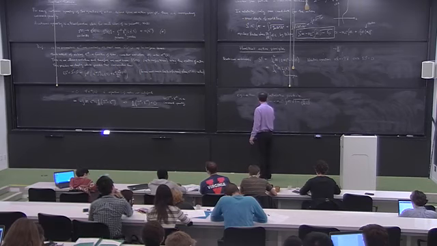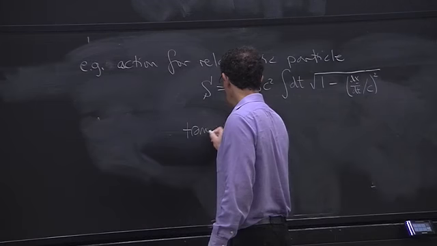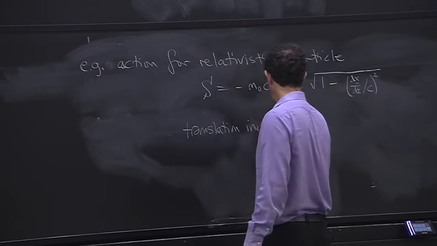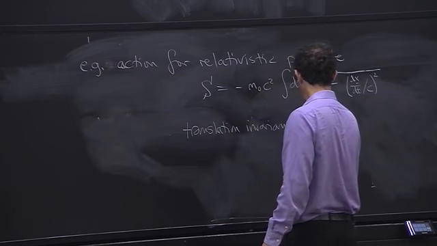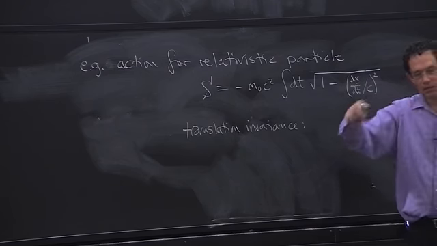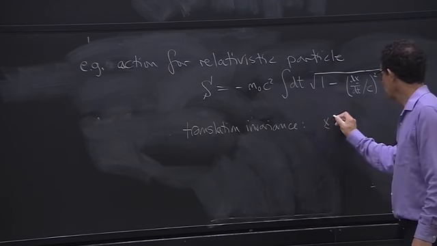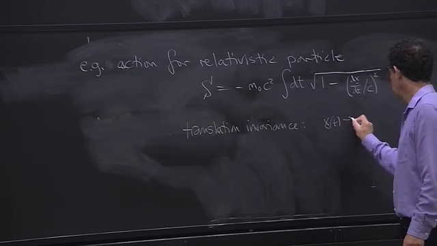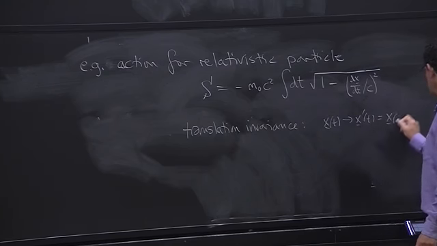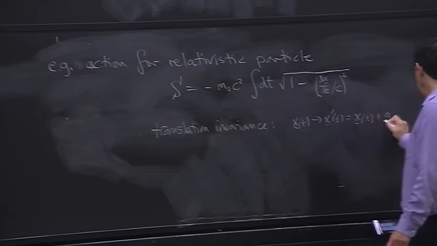So, translation invariance is a symmetry of the action and of the equations of motion. Translation means moving in space. That just means x of t goes to x prime of t, which equals x of t plus a.